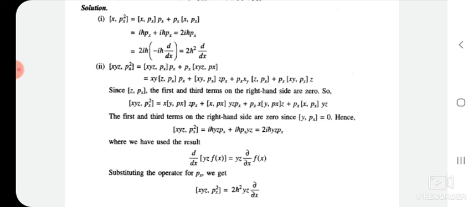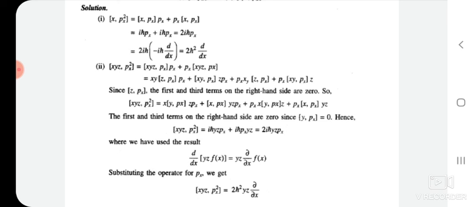Therefore, [xyz, px^2] is equal to [xy, px] z px plus [x, px] yz px plus px [xy, px] z plus px [x, px] yz. The first and third terms on the right hand side are 0, hence [y, px] is equal to 0 and [z, px] is also equal to 0. Finally, you get [xyz, px^2] is equal to iħ yz px plus iħ px yz, which is equal to 2iħ yz px.